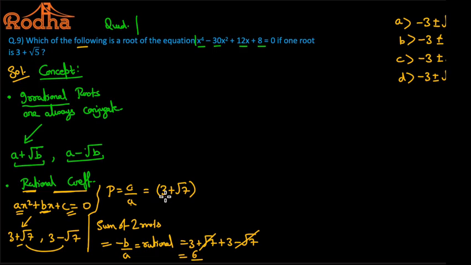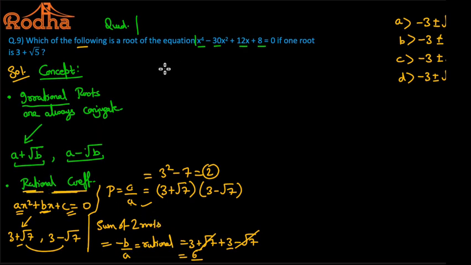One root is already given as 3 plus root 7, so whatever value I put here has to be 3 minus root 7. Then only the sum will become a rational number and the product also, because a plus b into a minus b gives 3 squared minus 7, which is 2. So the product should be a rational number and the sum should be a rational number, if coefficients are rational.